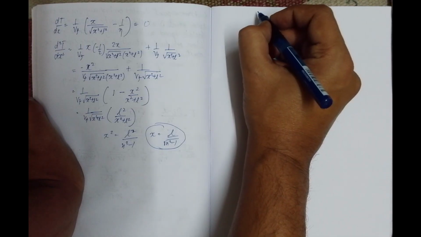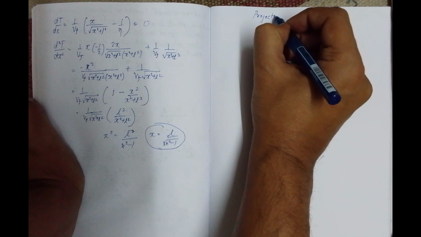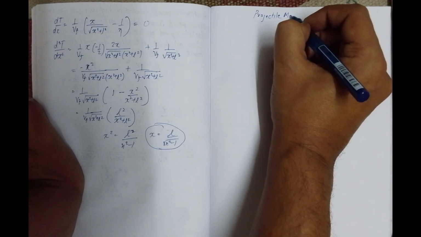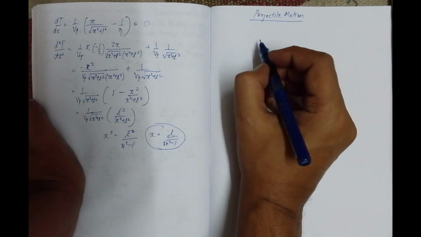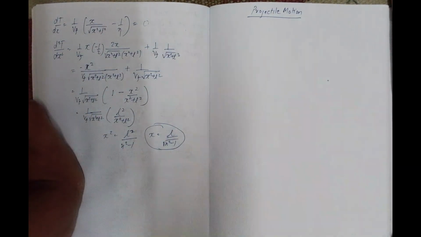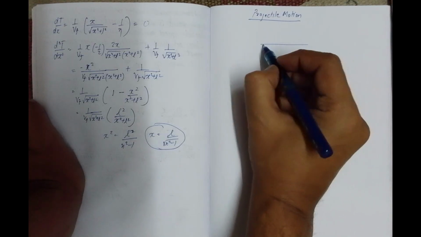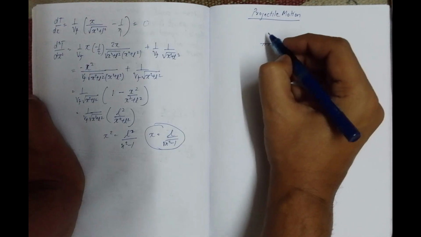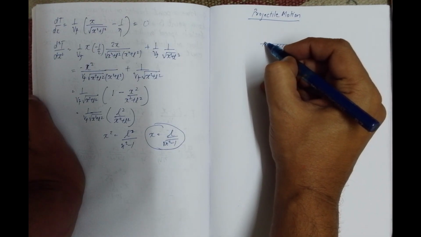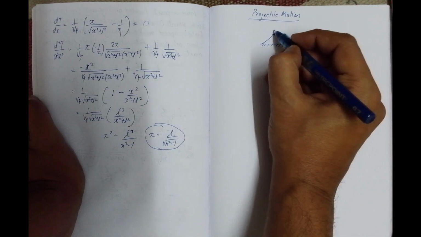So next topic is projectile motion. Suppose you are standing on a ground, and you throw a ball at a certain angle with the ground, say like this.